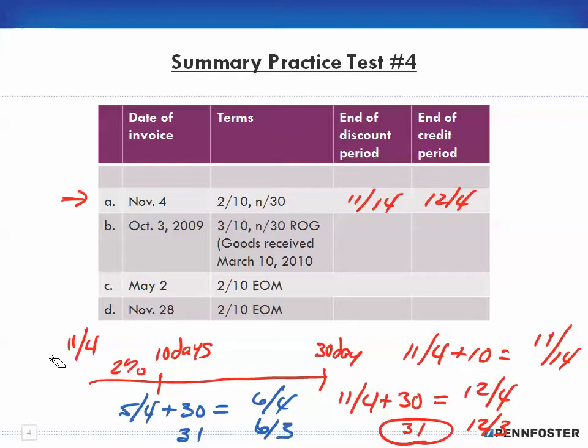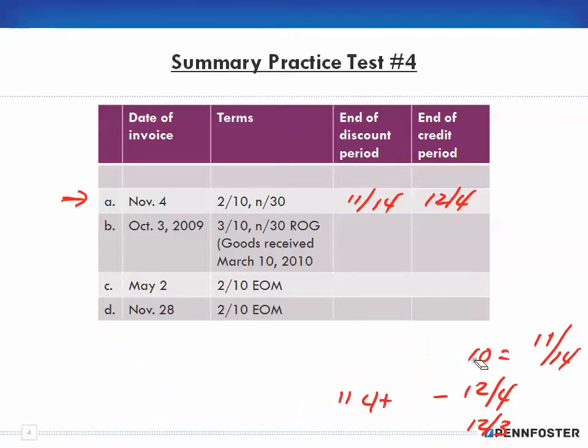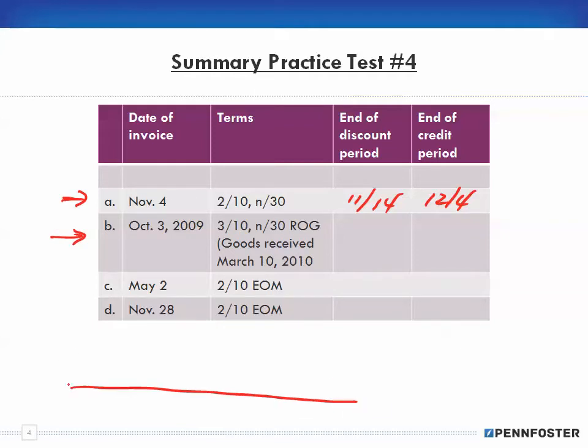All right, let's see here, erase all of that there. And okay, so for B here, all right, we're talking about October 3rd, and that was the invoice date.